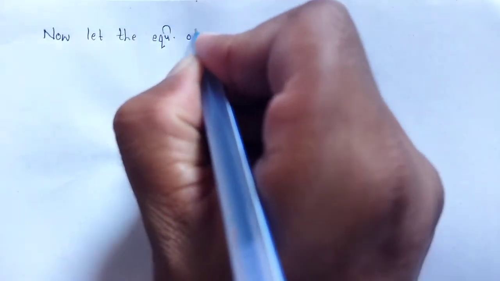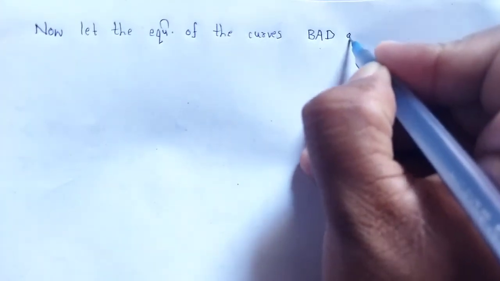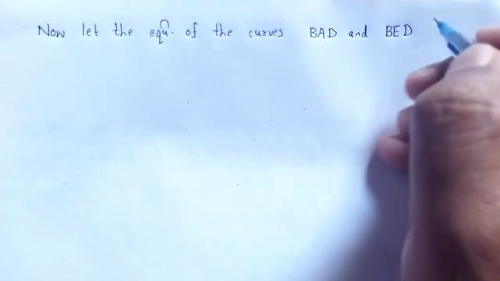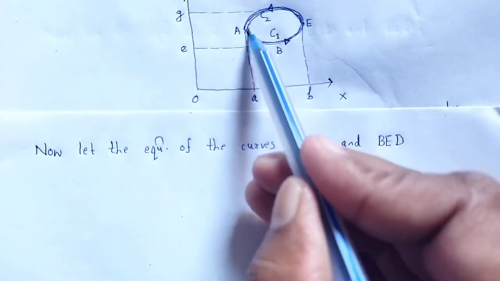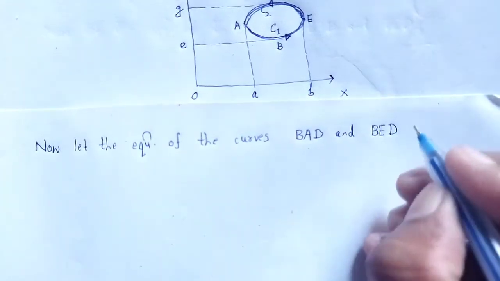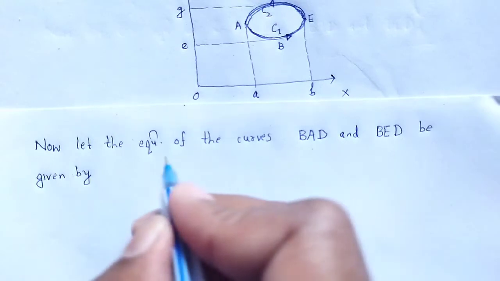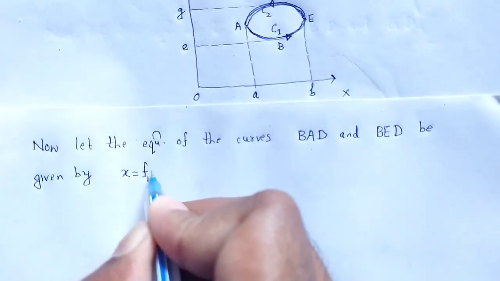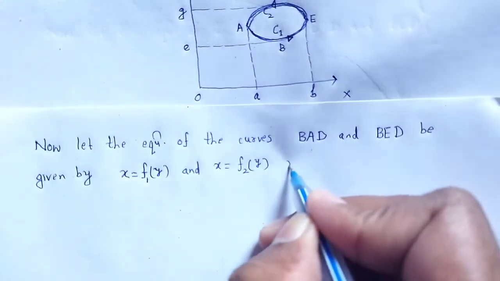Now let the equations of the curves BAD and BED, as we told previously, be given by taking the equations as x equal to f1(y) and x equal to f2(y) respectively.